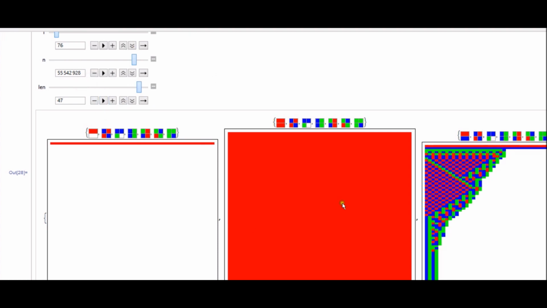With 47, it's 1, 2, 3, 4. 4 again. 48, 1, 2, 3, 4, 5, 6, 7. Interesting. So I wonder how the number of final red blocks depends upon the number we put in.